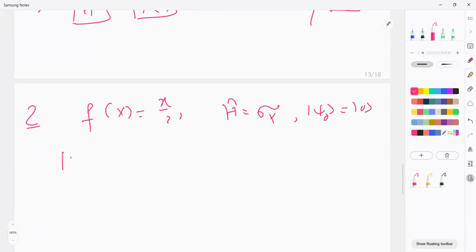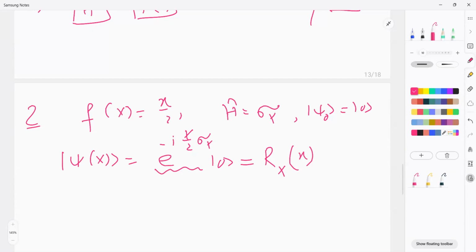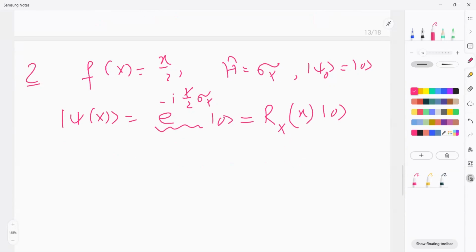This will result in a state like exponential minus iota x by 2 sigma x applied to 0, which is nothing but the x rotation gate by angle x applied to this 0 state, and if I open it, this becomes cosine x by 2 times 0 minus iota sine x by 2 times 1.